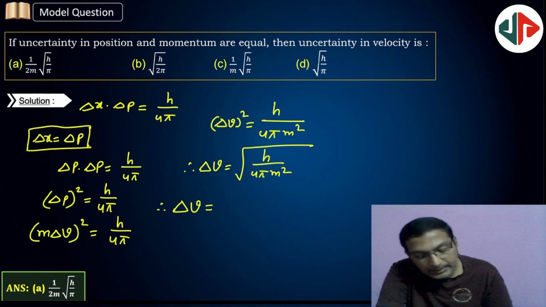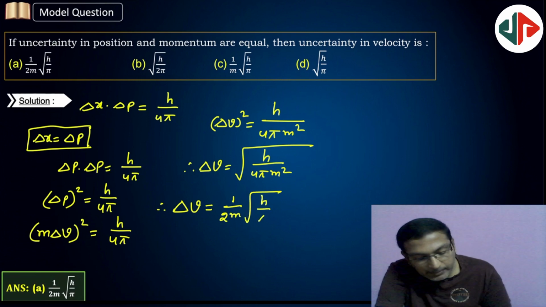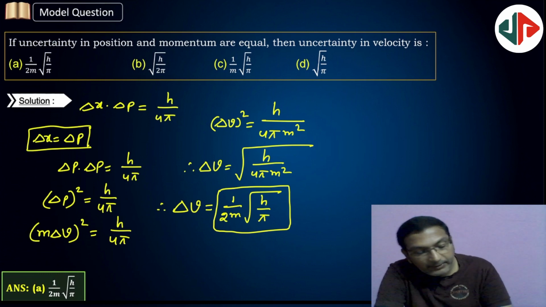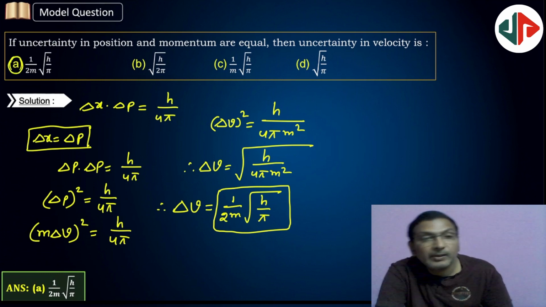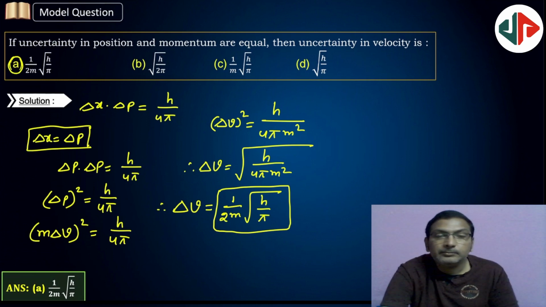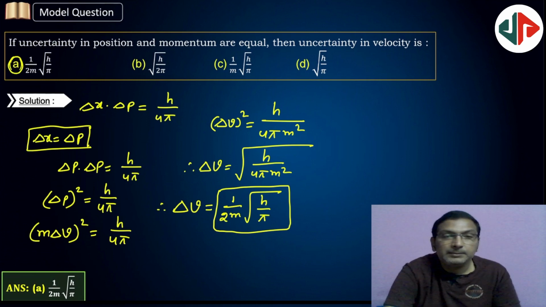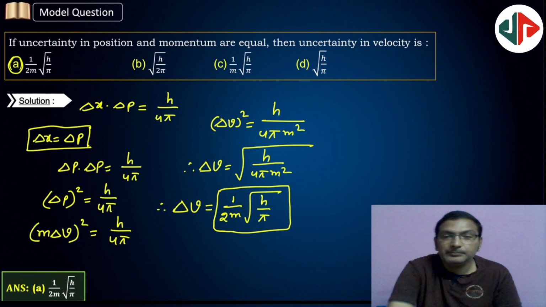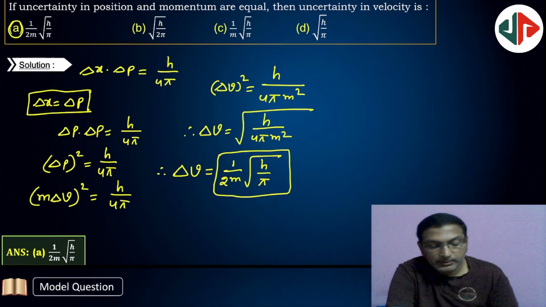That is delta v equals 1 by 2m into root h by pi. This is the uncertainty in velocity. So A will be the option. Heisenberg uncertainty principle. Next question.